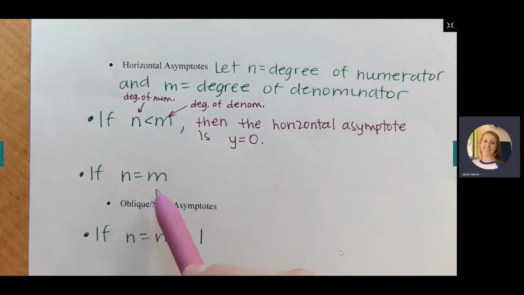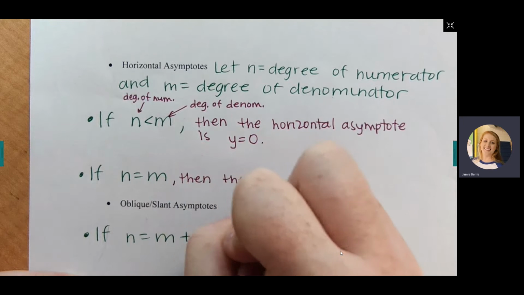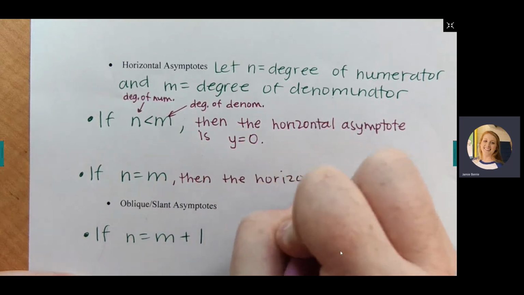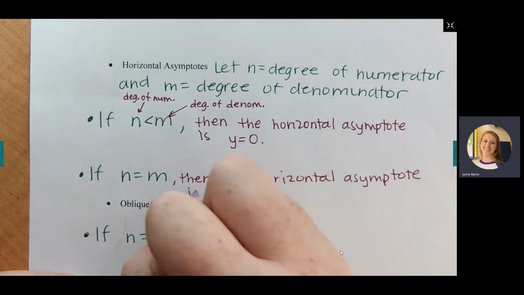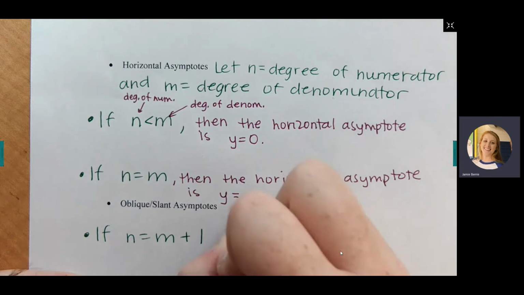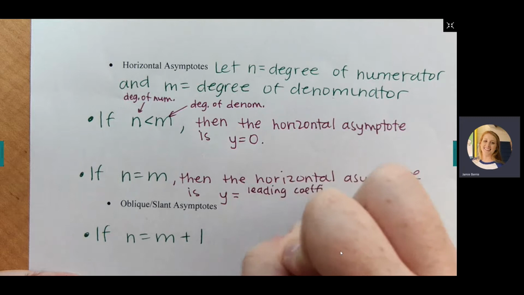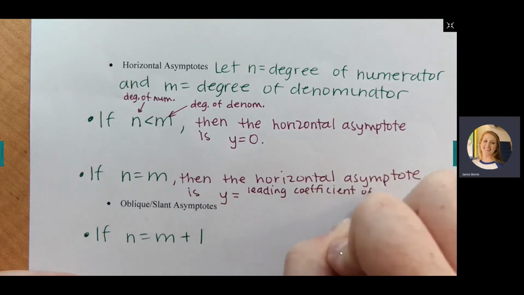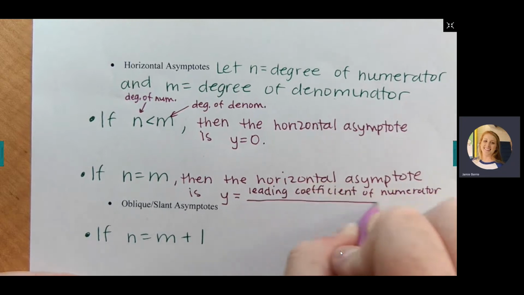The second case is a little bit more complicated. So if the degree in the numerator and the denominator are exactly the same, then the horizontal asymptote is y equals, very important that you get the y equals in there, y equals leading coefficient of the numerator divided by the leading coefficient of the denominator.